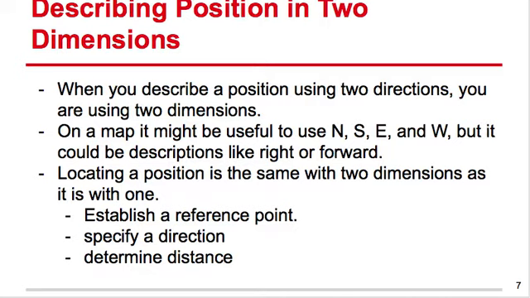And the steps are: establish a reference point, specify a direction, and determine the distance. So, start at my room, take 3 steps, like we could say to the north, and then take 50 steps to the east, and that'll get you to the end of the hall near my room. It's the same idea, we're just doing it twice now instead of just in one direction.